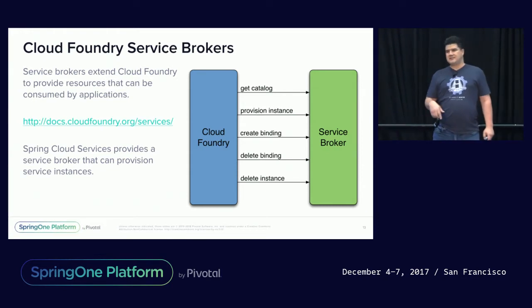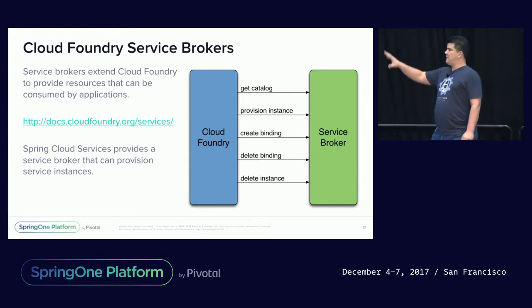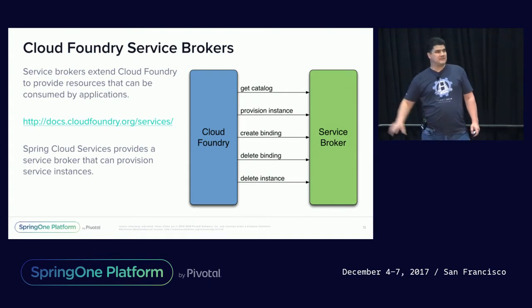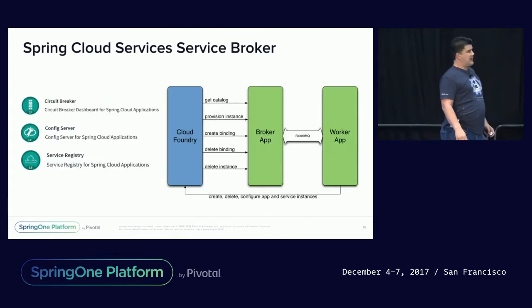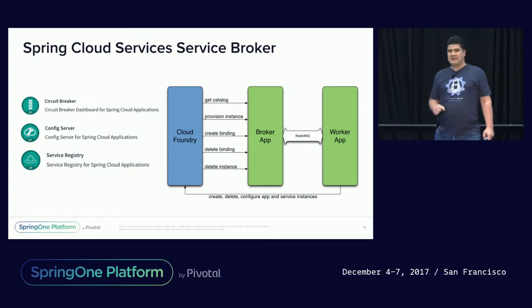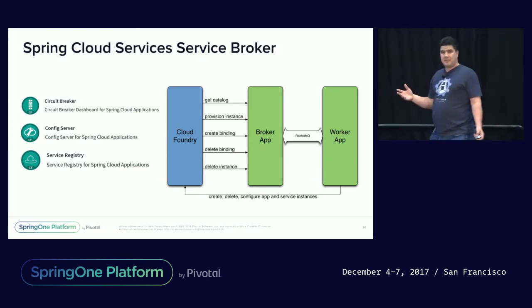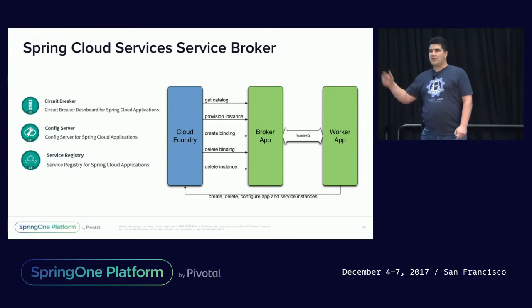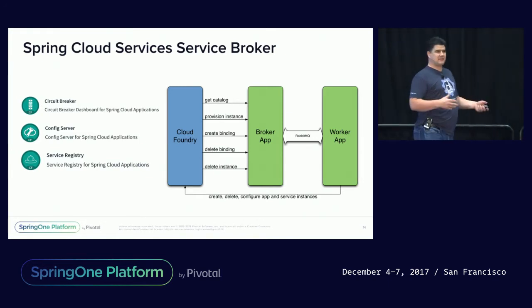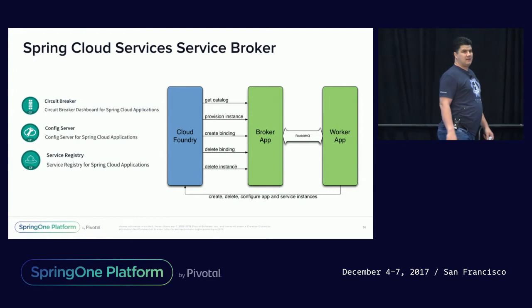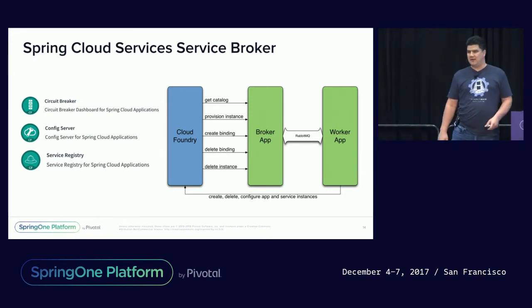So what Spring Cloud Services does behind the scenes is implement all of these endpoints, and it has something called the broker app that's deployed into Cloud Foundry just as another Boot app. And then we also have a worker app to help us with asynchronous conversations rather than have the broker app stop on a particular thread.